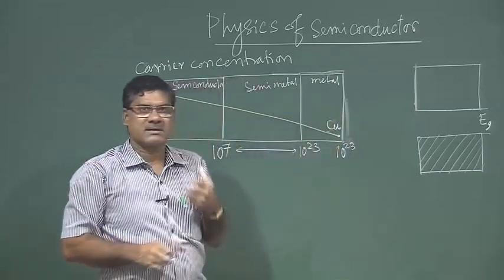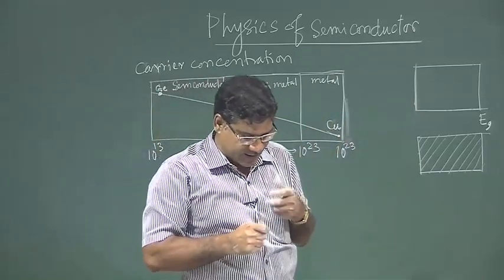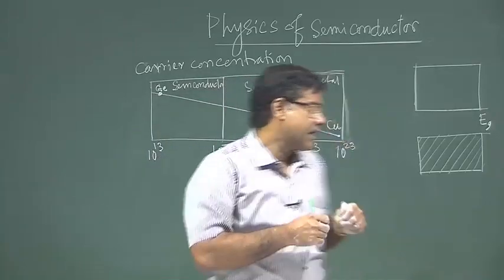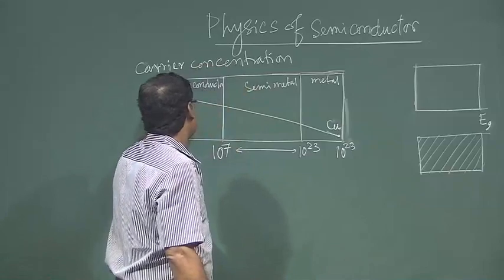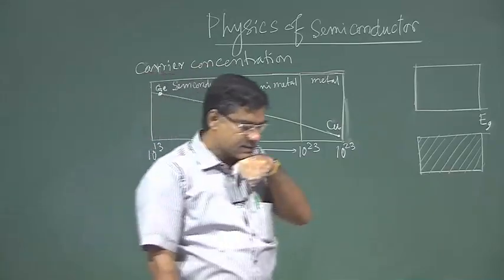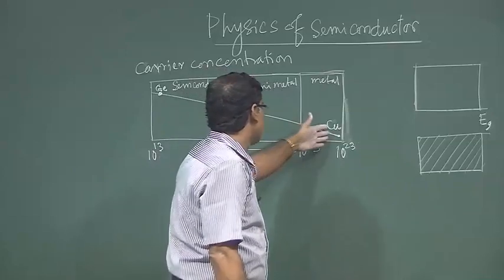So, in copper this number of electron carriers is very high, around 10 to the power 23, and in germanium it is around 10 to the power 13.